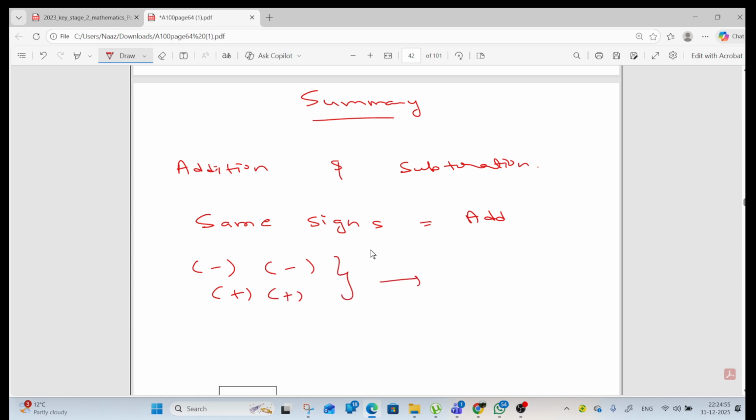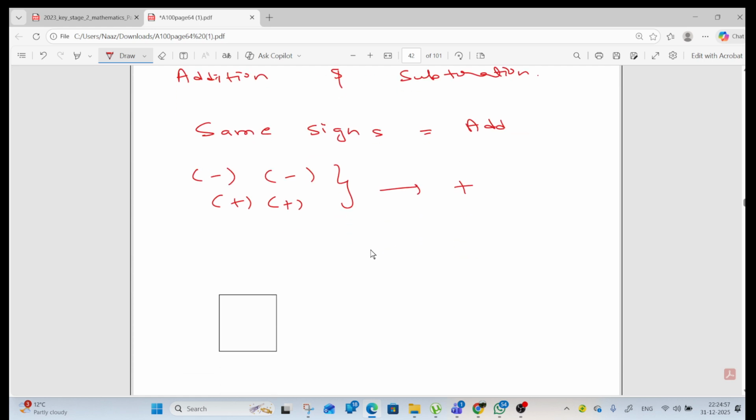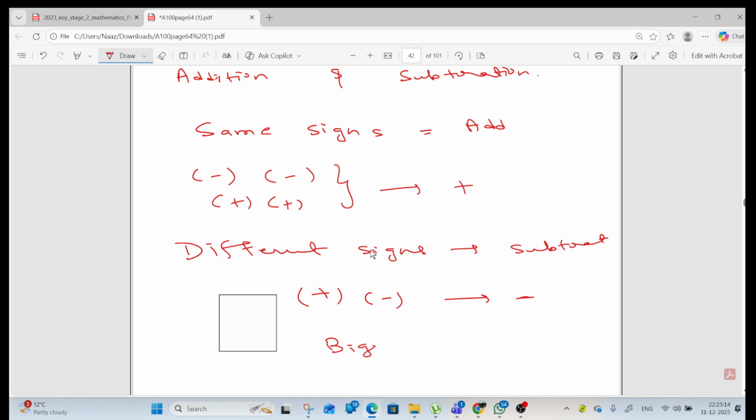In both cases, you get the same sign. And if different signs are there, then we need to subtract. Whatever is the sign on the bigger number, we put that sign on our answer, right?